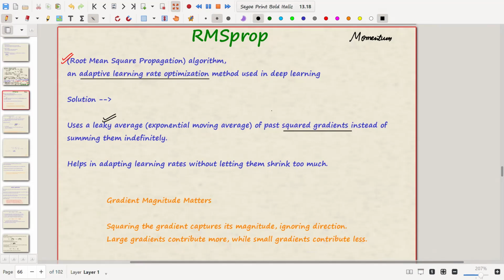You give more weightage to the current value and less weightage to the past sequence of values. That's exactly what we are doing here, but instead of the past values, we are taking the past values squared. So you will see a summation of gradient squares, and instead of summing them indefinitely.